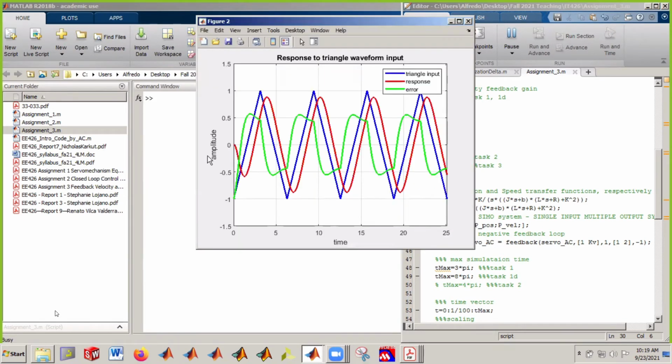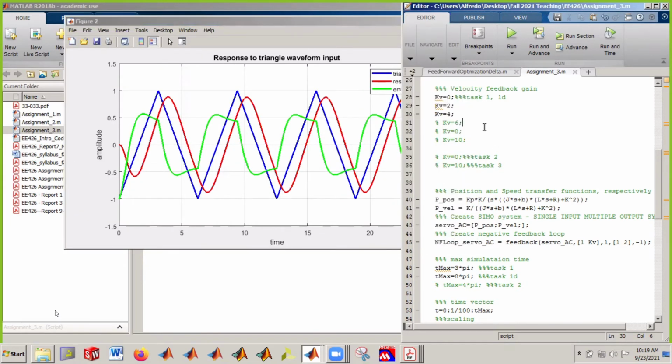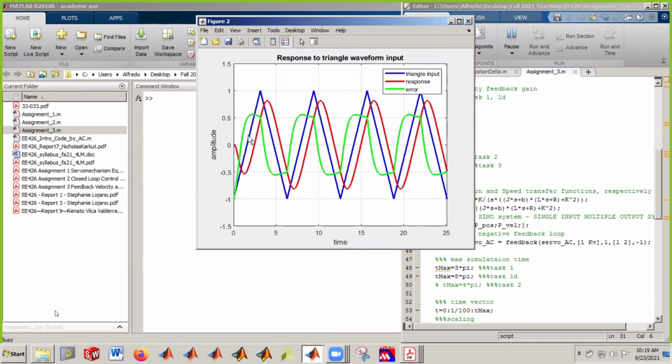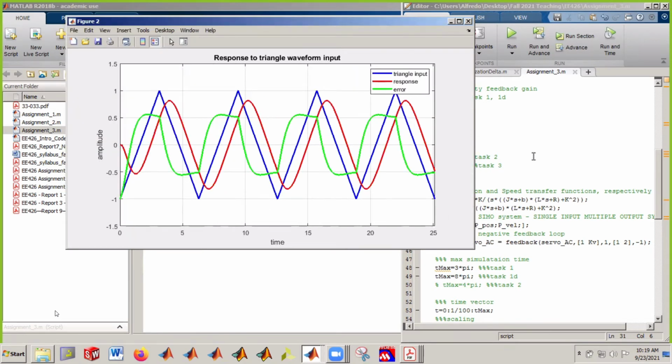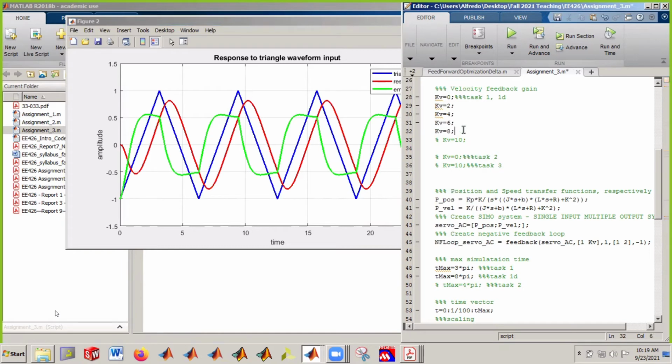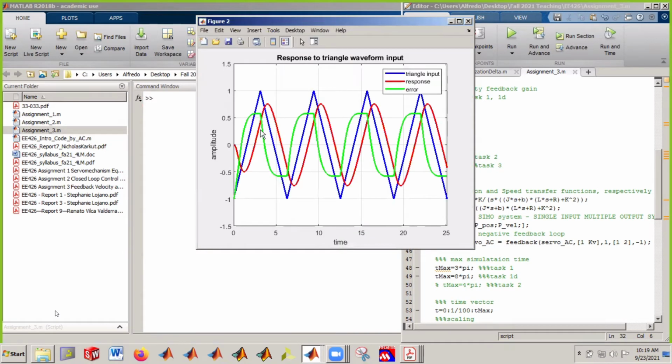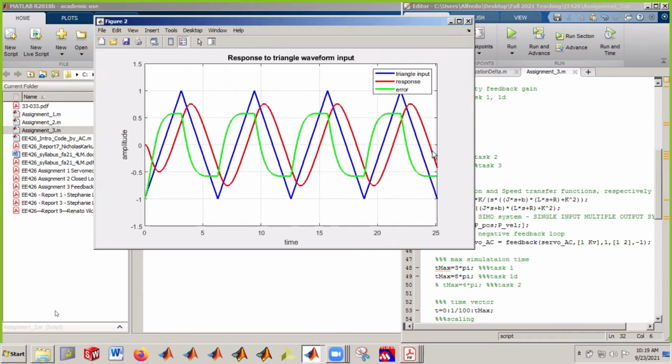So this is now KV equals 4. The response here is a little subtle. Hopefully you can catch it. That's KV equals 8.